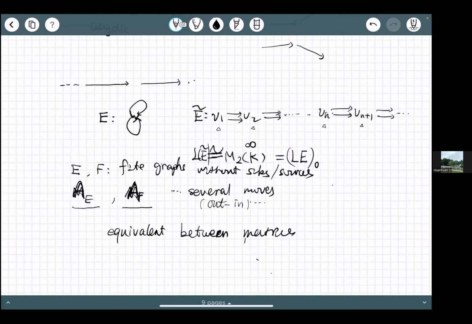Yeah, I think this should be a direction considered. Thanks, I think this is a good question.